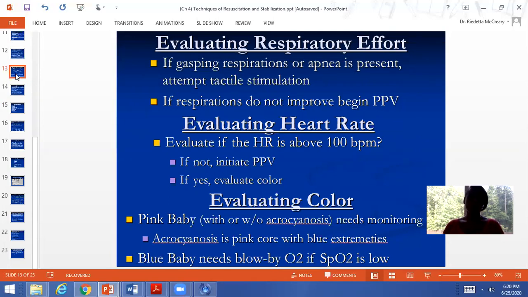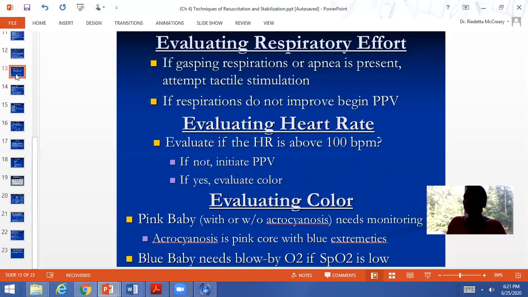If that occurs, the intervention that needs to take place is positive pressure ventilation. We're going to do that with a flow-inflating bag, a self-inflating bag, or a T-piece resuscitator.